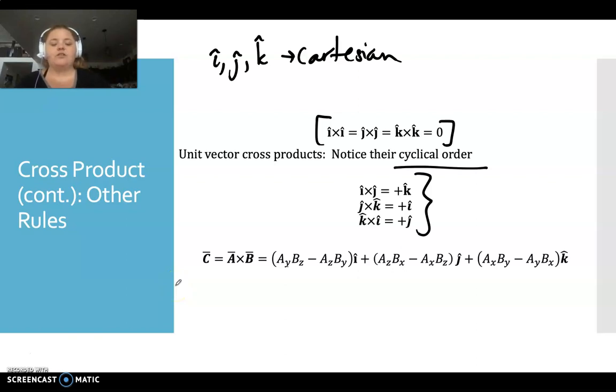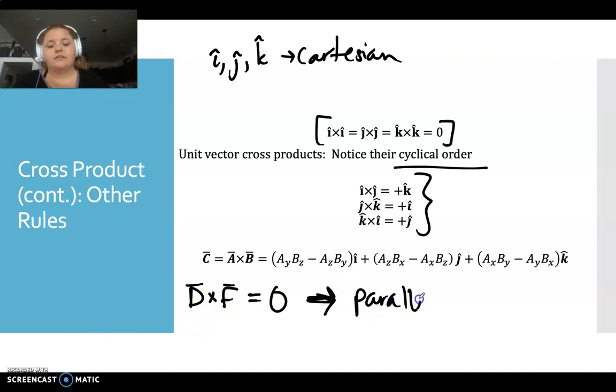I want to mention that, again, if we have some vector d cross some vector f, and that equals 0, this means that these two vectors are parallel to each other, like what I was mentioning up here, but that was simple since they're the same vectors.